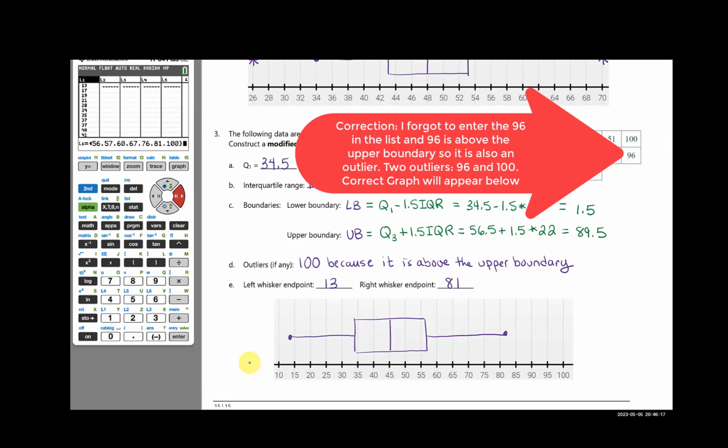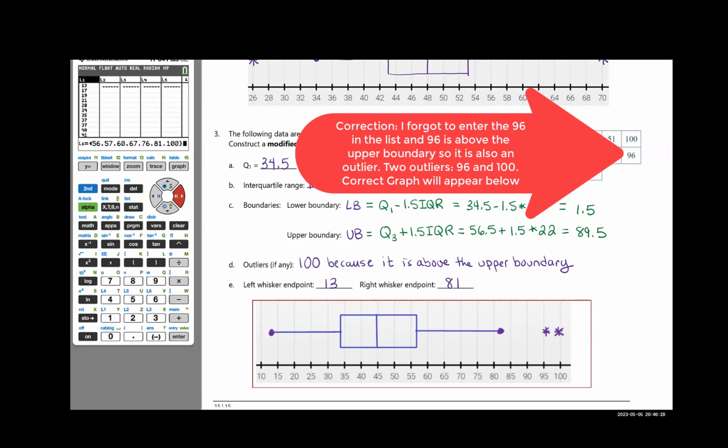But then we did have a student that scored 100. And so among these test scores, scoring 100 is considered an outlier. So quite far above the rest. And we do our asterisk there for our outlier.